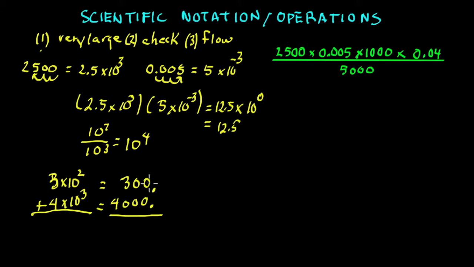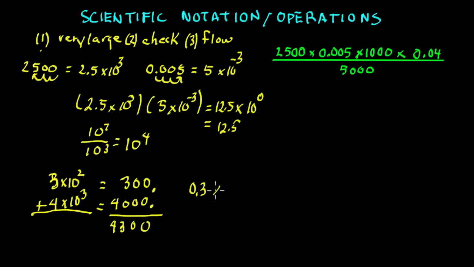Understood. Because when we add these now, you get 4,300. So we know adding 300 to 4,000 is 4,300. But if you look up here, there's nothing like that. What we do, if you want to do powers of 10, is convert them so you have the same power of 10. Let's make 3 a factor of 10 smaller, 0.3.